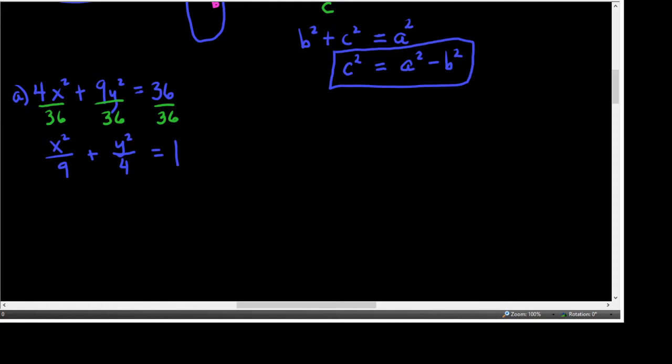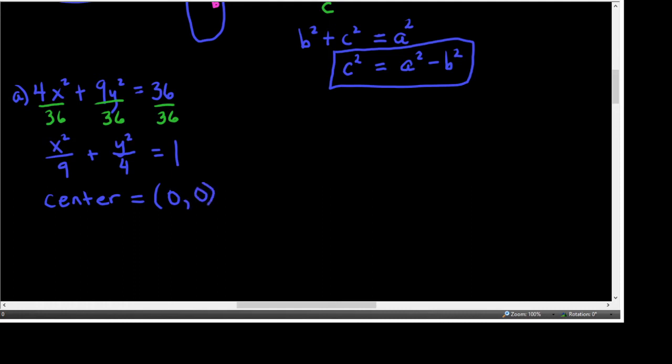All right, so if you look at this equation and think about the boxed equation up above, the standard form for the ellipse, the center, what would you subtract from x and then square it to get x squared? Well, of course, the answer is 0. So when you see just x squared or just y squared, h and k would then be 0.